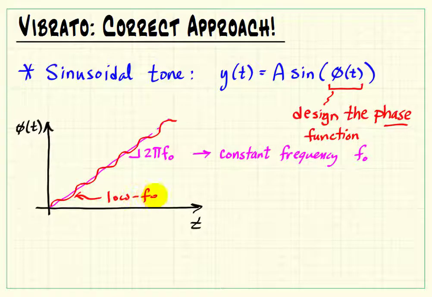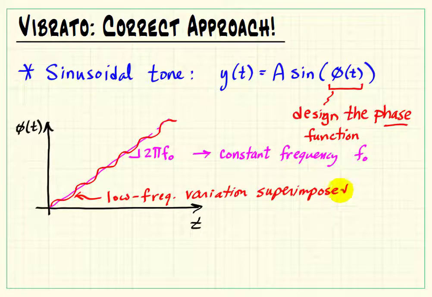And that sinusoid should have a relatively low frequency, which normally we would call the vibrato rate. It makes most sense for the variation to be a sinusoid that is then superimposed or added to that ramp function.